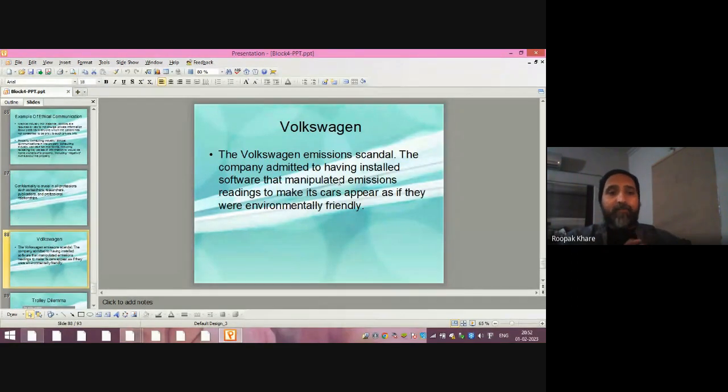Here again, I am sharing a few case studies. Volkswagen emission scandal. Once, after a certain period of time, Volkswagen admitted to having installed software that manipulated emission readings.